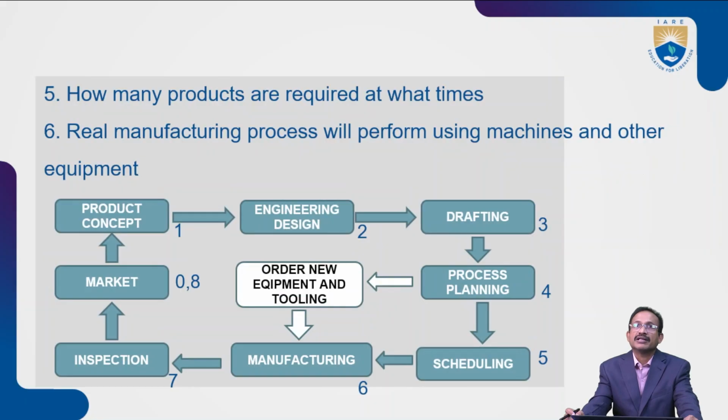How many products are required at what times? Scheduling department people will say, by next Sunday, these many products to be manufactured, and these many products to be sent to the showrooms of different areas.